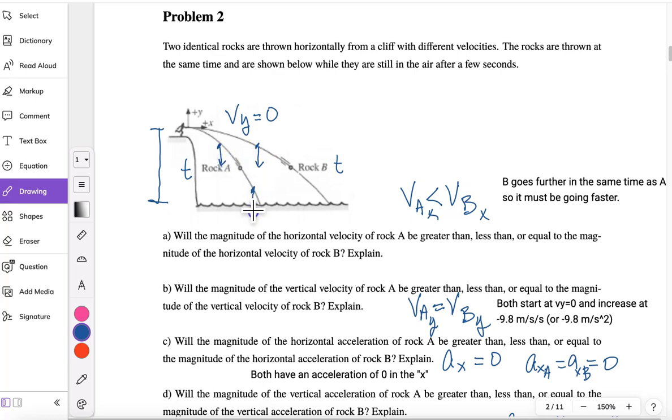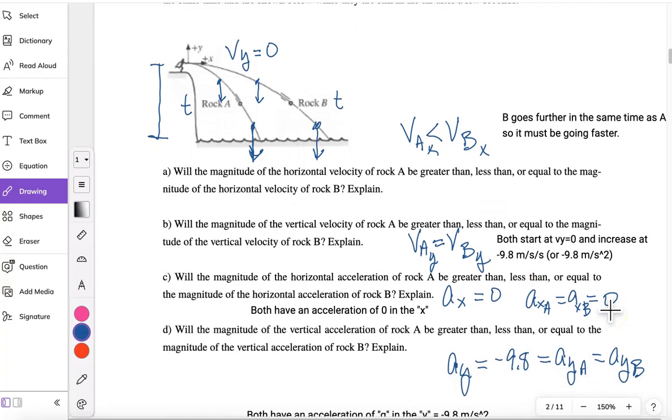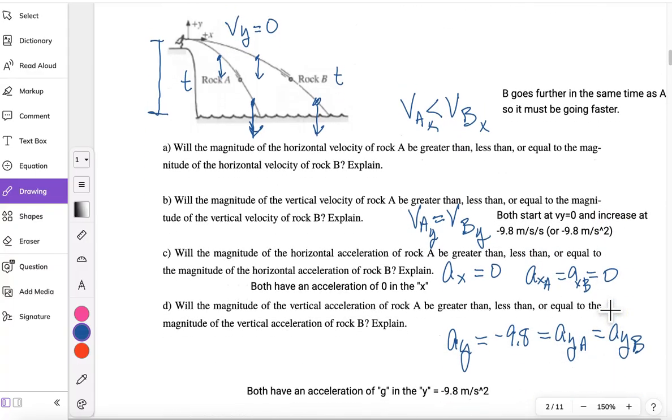It's exactly the same here as it is here, but remember, it was getting bigger because they both accelerate due to gravity. So both start at Vy equal to 0, and they increase at negative 9.8 meters per second per second. For letter C, they wanted to know about the horizontal acceleration.